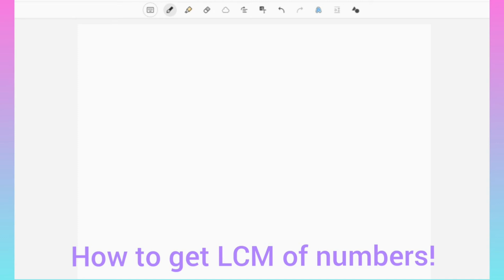So if you want to find the LCM, for example, of 6, 3, and 5, my first step is to always divide your paper into 3 equal columns.